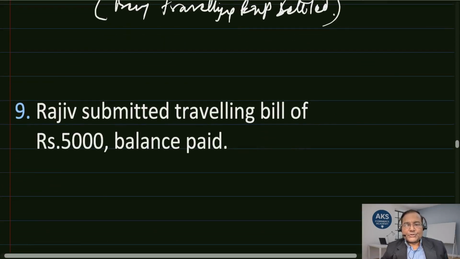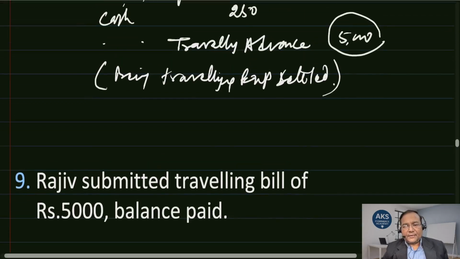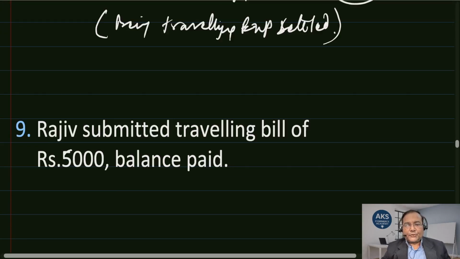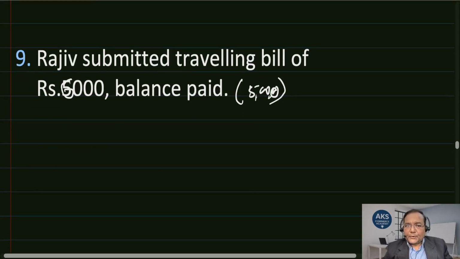All right. Now Raju submitted traveling bill of 5,000 and balance paid. Here in this case, let us presume that he submitted a traveling bill of rupees 6,000. So we gave him an advance of 5,000, but the actual expense that happened was 6,000. So how is the entry required to be made?